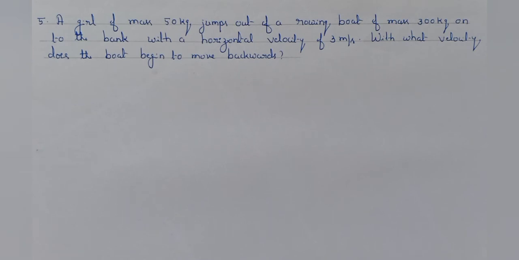Here, let the mass of the girl be m1 and the mass of the boat be m2. m1 is 50 kg and m2 is 300 kg, and the velocity of the girl v1 is 3 meter per second. We have to find out the velocity of the boat.